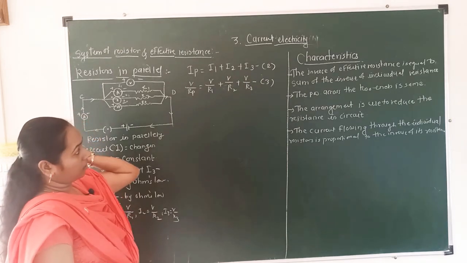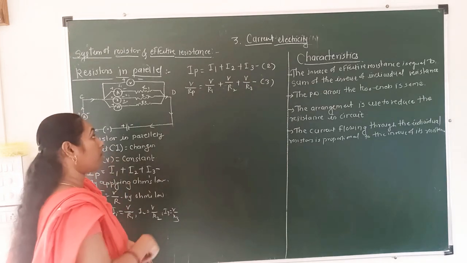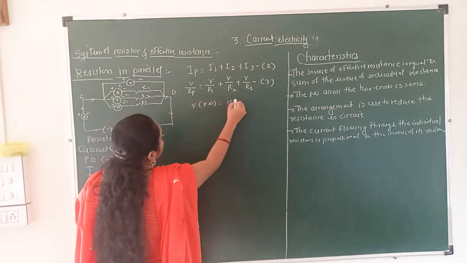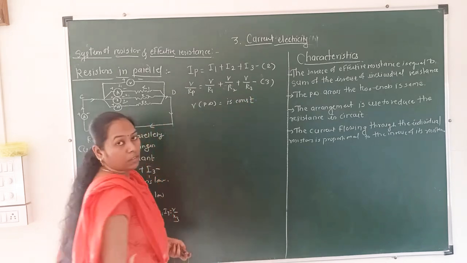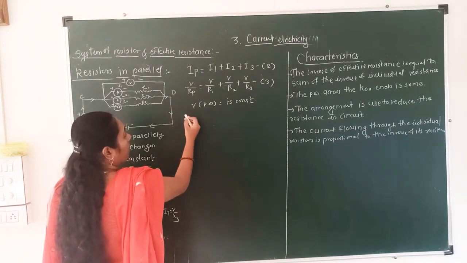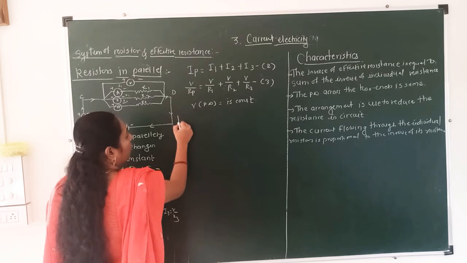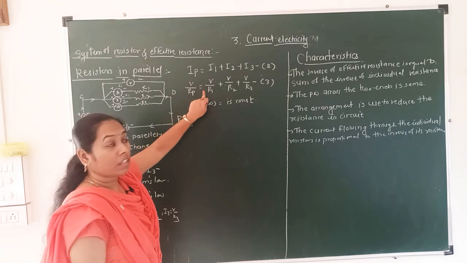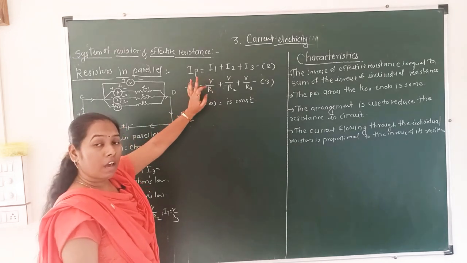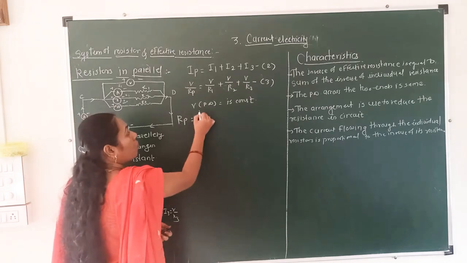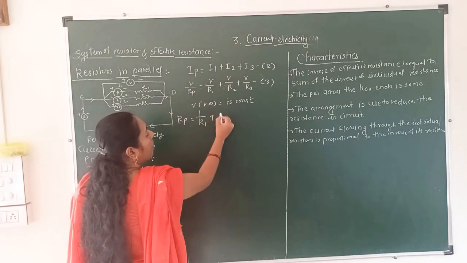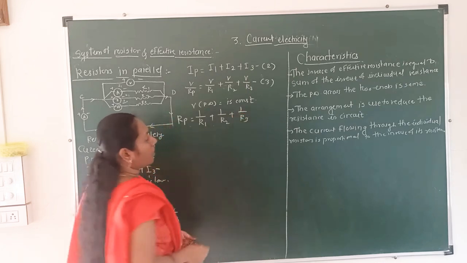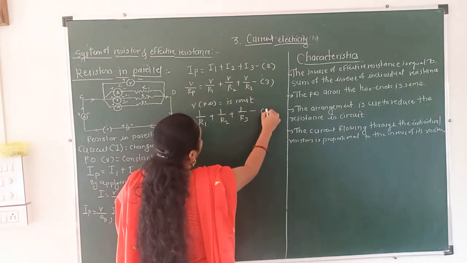V is a constant. Therefore equation 4 becomes: V, the potential difference, remains constant. Therefore 1 upon RP is equal to 1 upon R1 plus 1 upon R2 plus 1 upon R3. Okay, this is equation number 4.